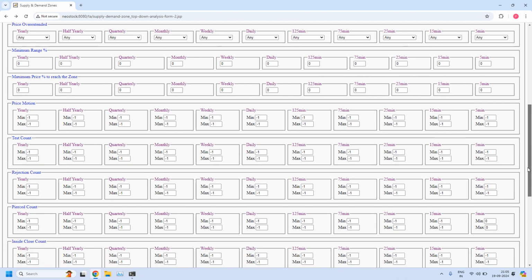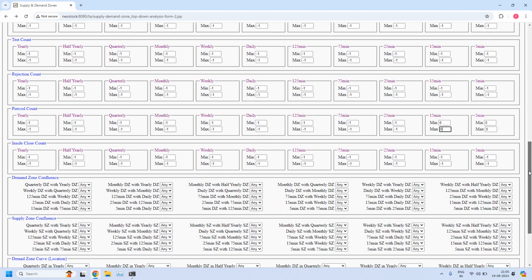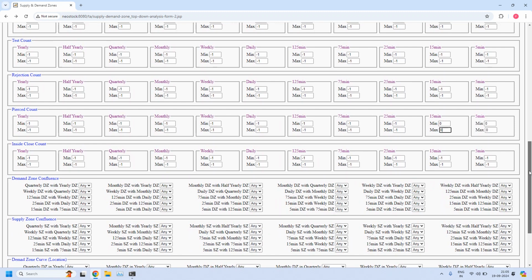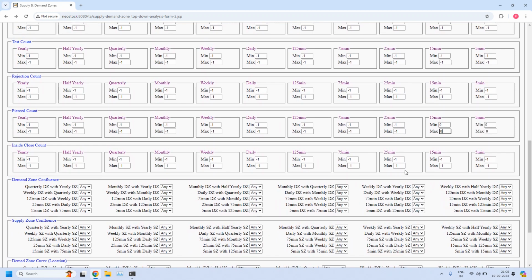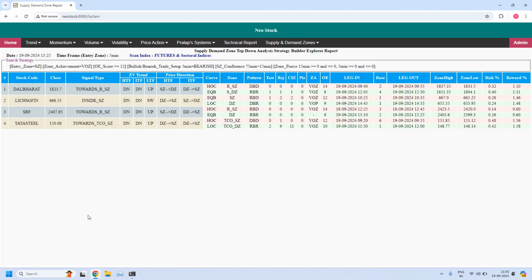First pierced count, even 15 minutes also I am setting minimum value 0, because 15 minute zone also should not be pierced. So in the supply zone confluence, 15 minute supply zone with 75 minute supply zone I am enabling. So with this filter, let's verify. 4 stocks are filtered. And all these 4 stocks are having ITF confluence, ITF supply zone confluence.